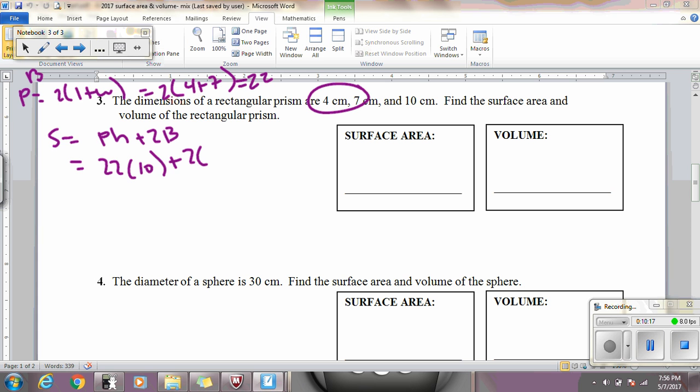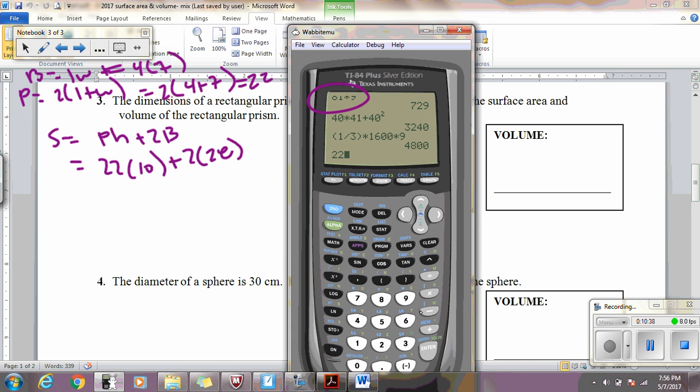So now to find B for a rectangle, it's length times width. So that means for my rectangle, it's 4 times 7, which is 28. So we grab our calculators and type this all in. So it's 22 times 10 plus 2 times 28, which is 276.